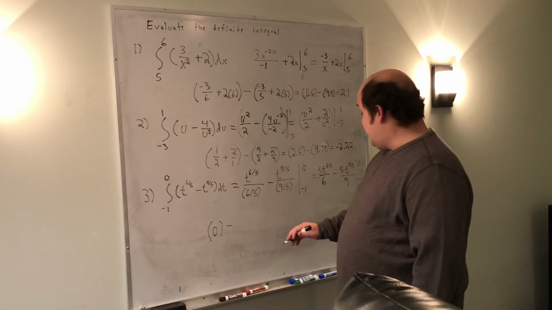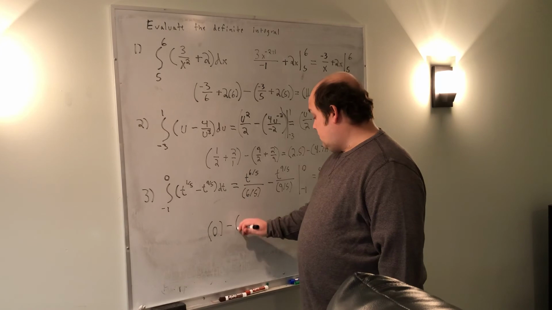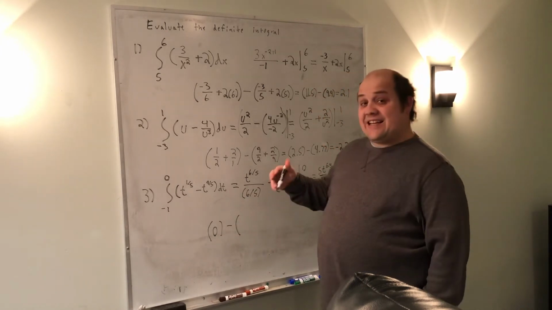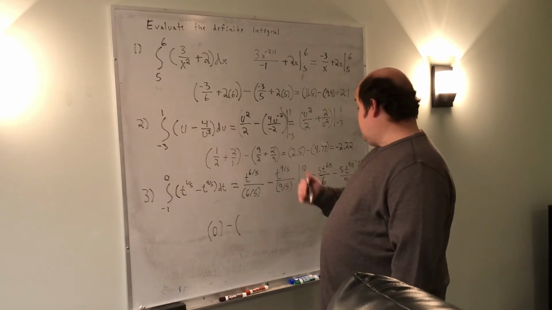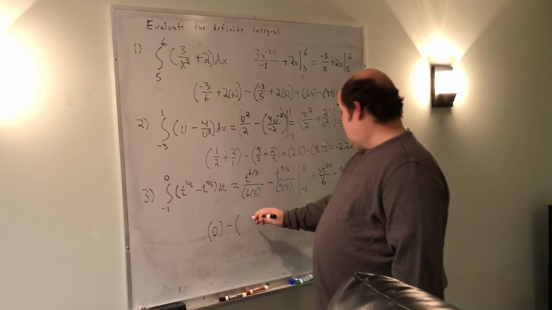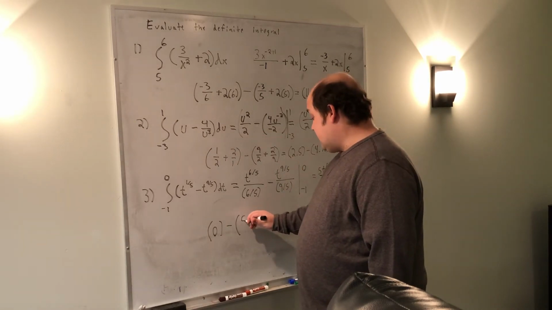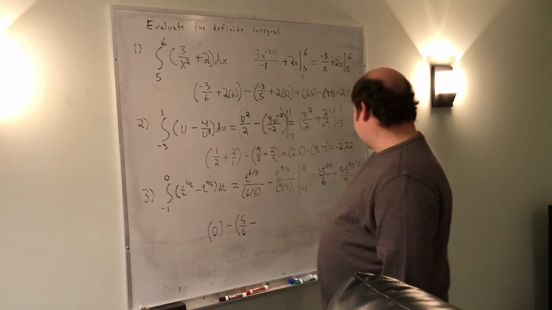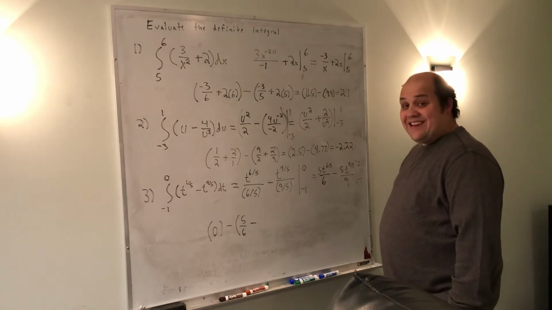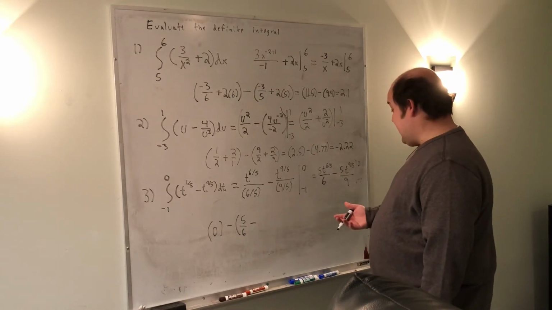When I plug in a negative 1, negative 1 to the 6th power makes it a positive. 5th root also comes out as a positive. So this becomes positive 5/6. Minus, when I take something to the 9th power, it still stays negative.